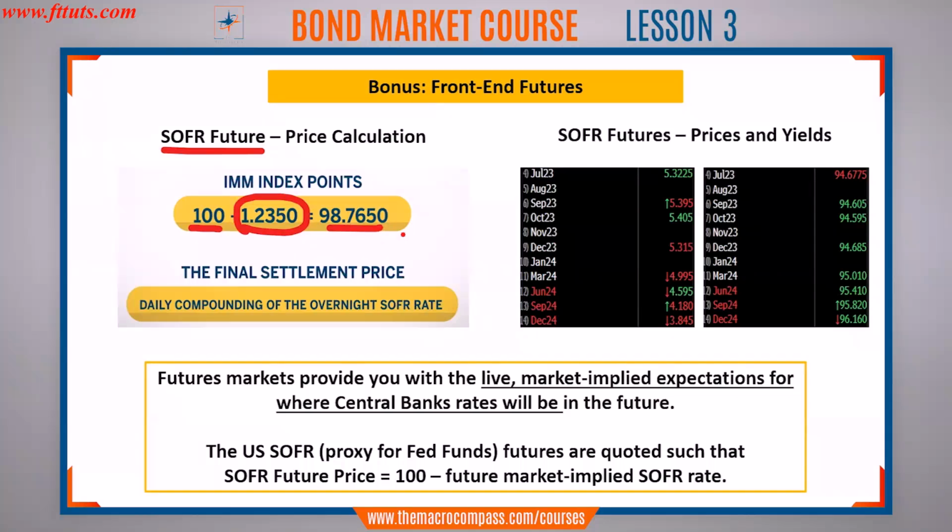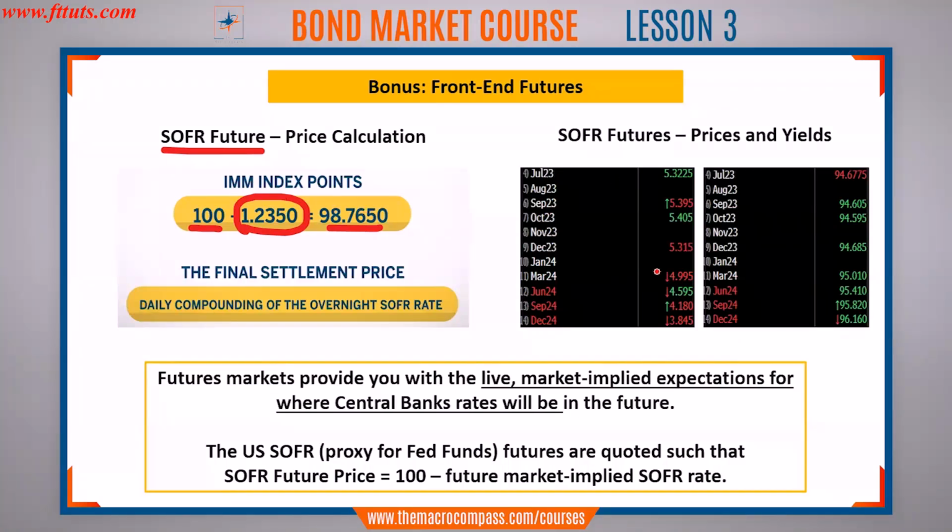So if a SOFR future is trading at 97, that means that for that particular date, the future priced in risk-free rate is very close to 3%. 100 minus 3 would equal 97. This rate would effectively be your market implied future expectation for where risk-free rates are going to be at the date of the SOFR future.